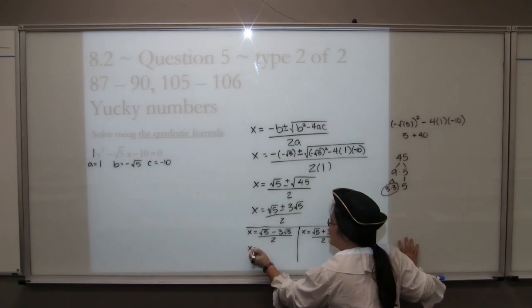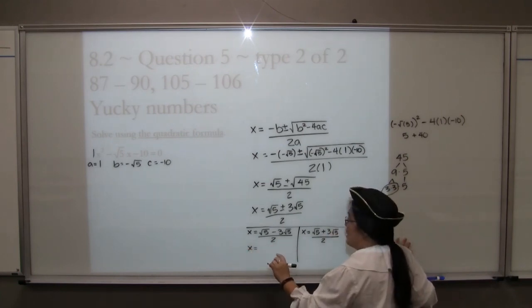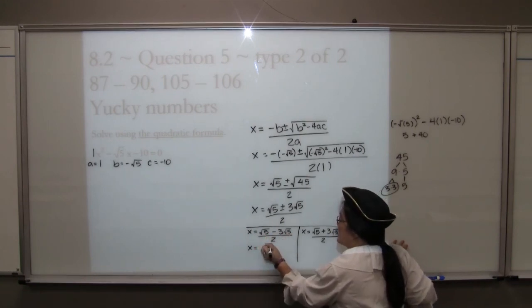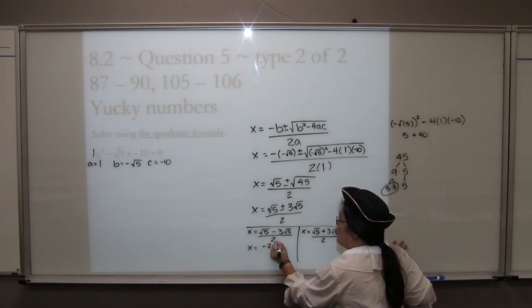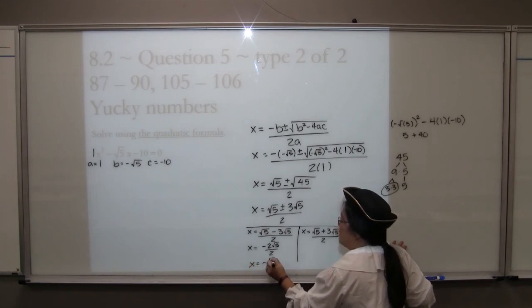Ooh, we can combine like terms. Folks, on this question, if you can't combine like terms, I think it's probably gone horribly wrong. Check your work. That gives me negative, let's try that again. Negative 2 square root of 5 over 2. That reduces to negative square root of 5.